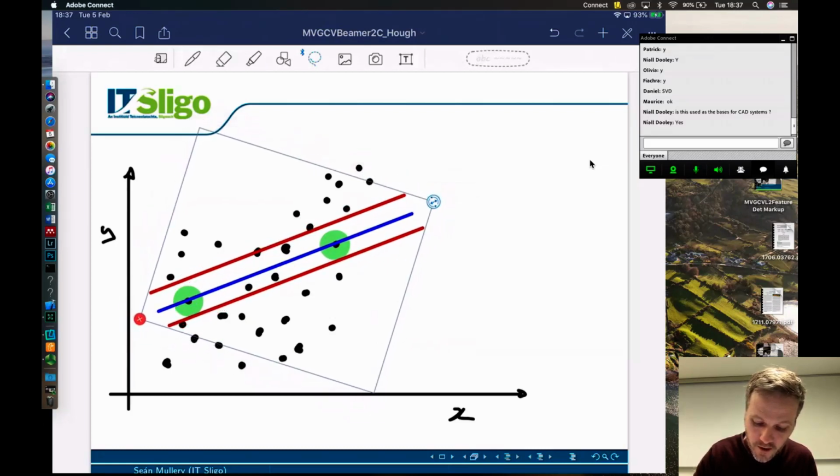Okay, so let's say that has landed on those 2 points there. We've now fitted a parametric model between those 2 points, which is our blue line. In X and Y, we can see where that blue line is going to cross the Y-axis, for example, and we can determine something about the slope. We can also count how many inliers we have.